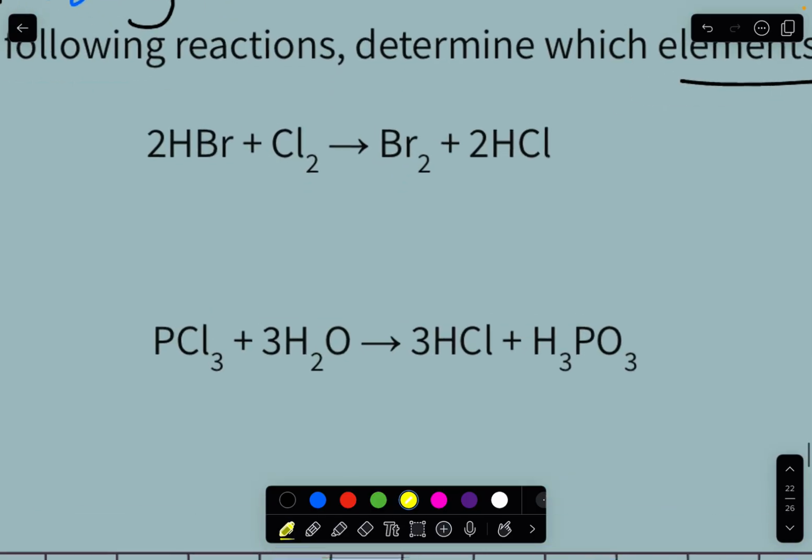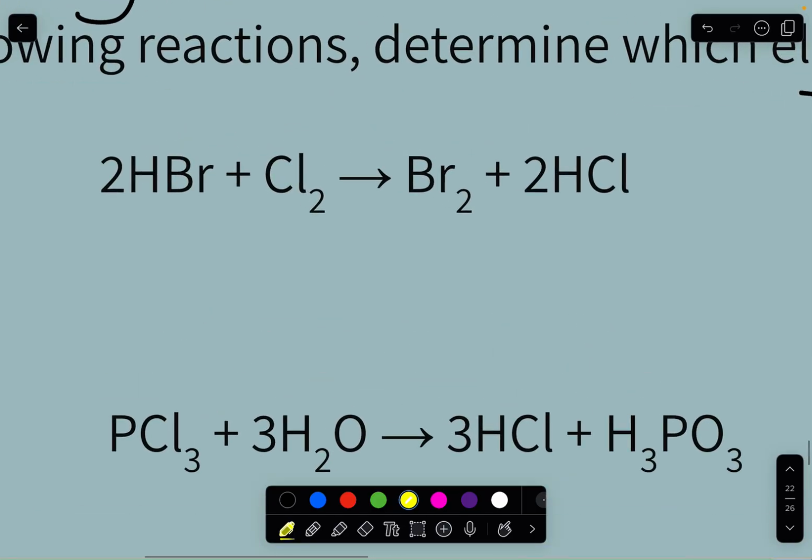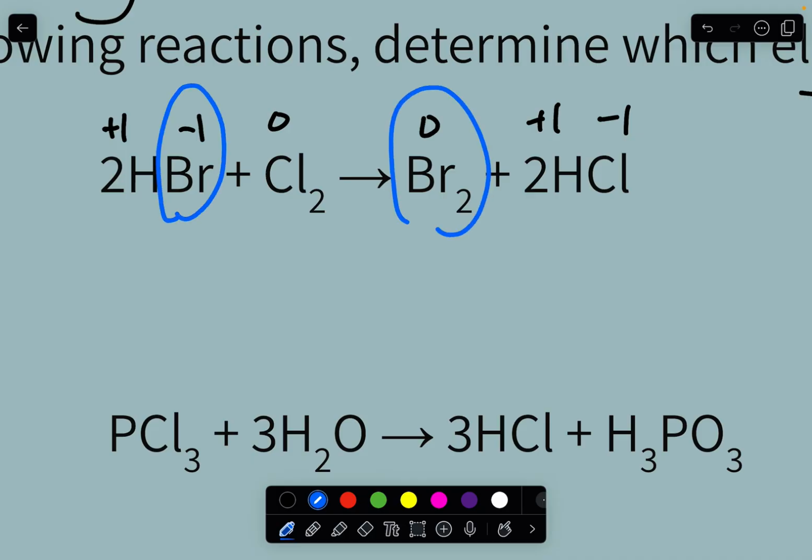So let's look at this example here. To determine oxidation and reduction, we need to know the charges first. So for HBr, we know Br is -1, H is +1. Cl2, it's a diatomic element, so it has a charge of 0. Br2 is a diatomic element that has a charge of 0. Then H is +1, Cl is -1. Okay. So what's changing is our Br goes from -1 to 0.